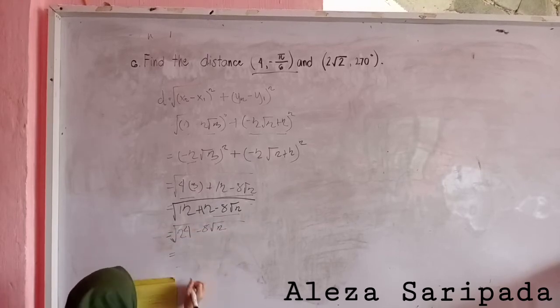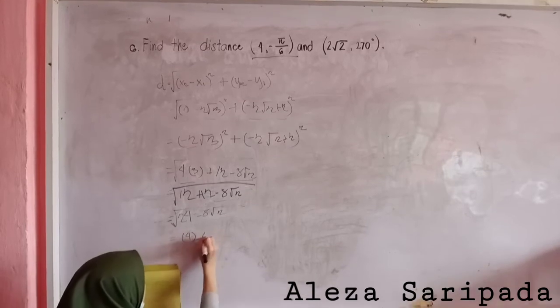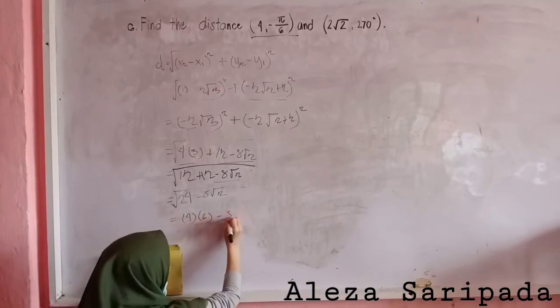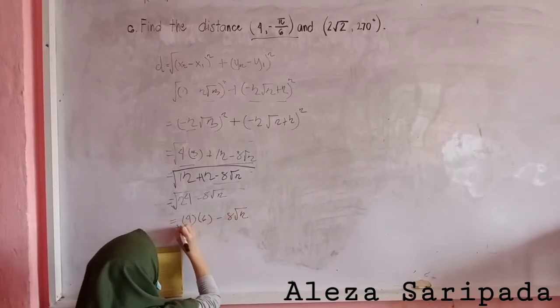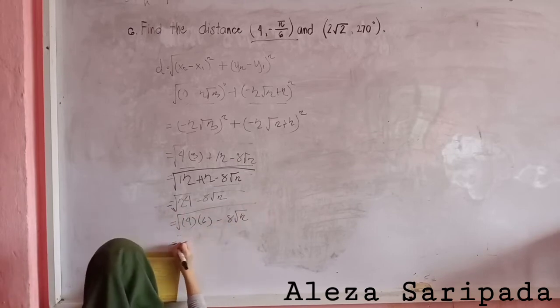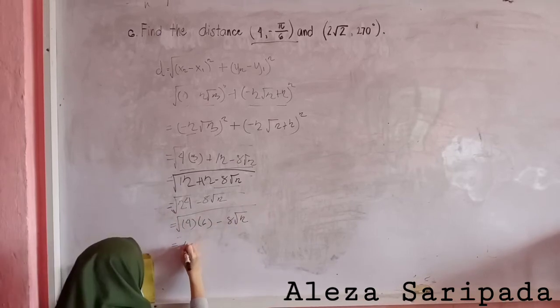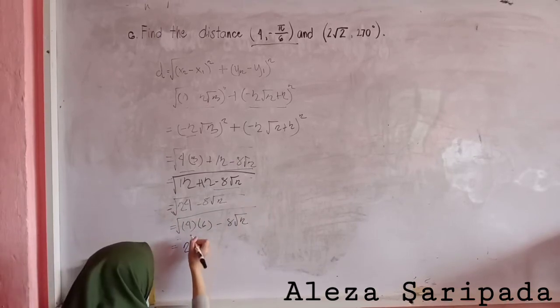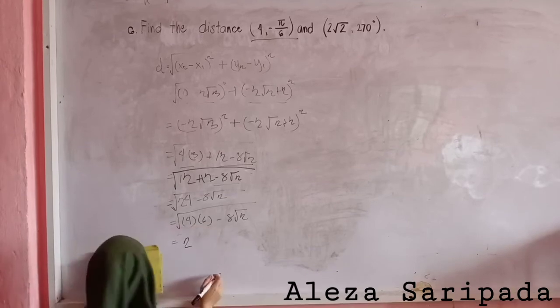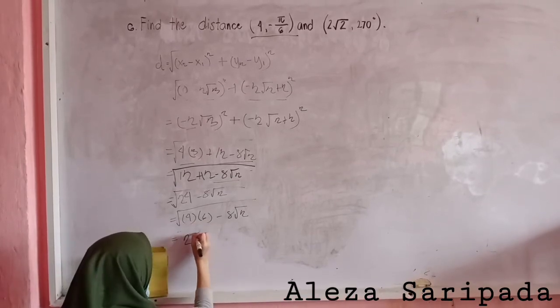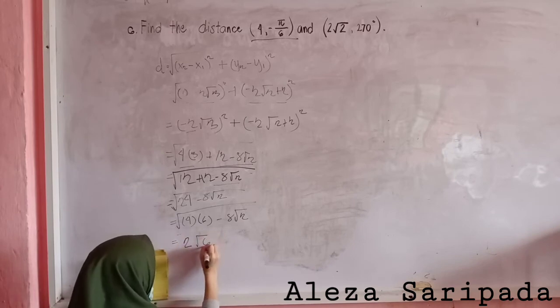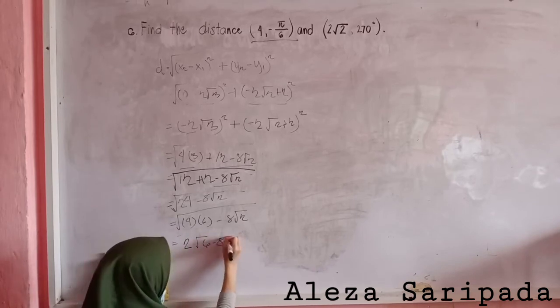Then, factor of 24, 4 times 6, negative 8 square root of 2. Para may labas, kailangan natin ng factor na 4, 2, then 6, negative 8 square root of 2.